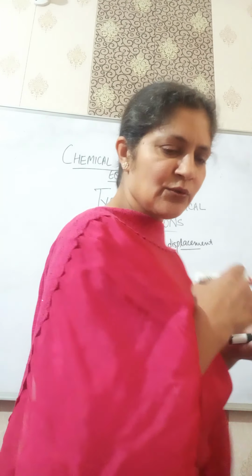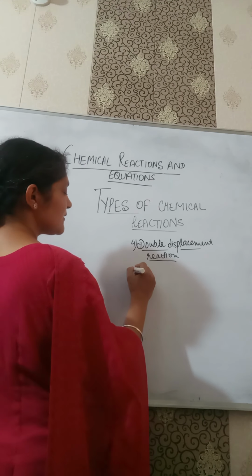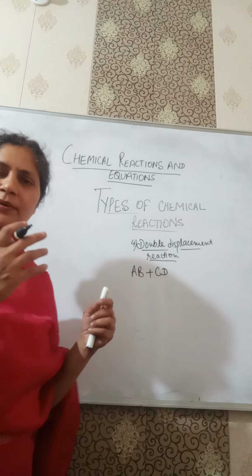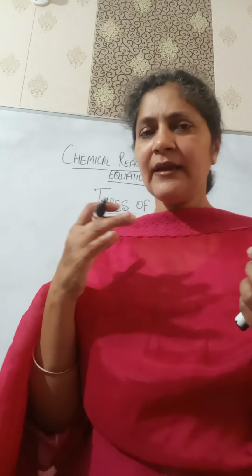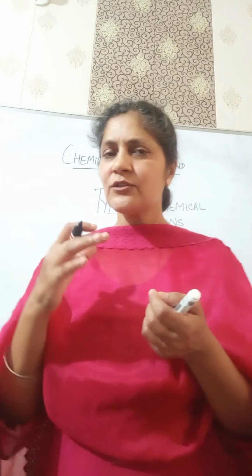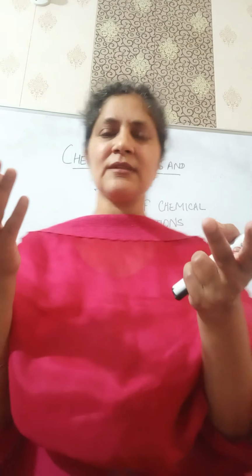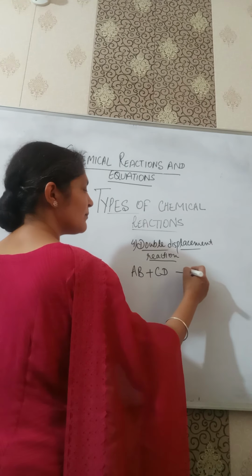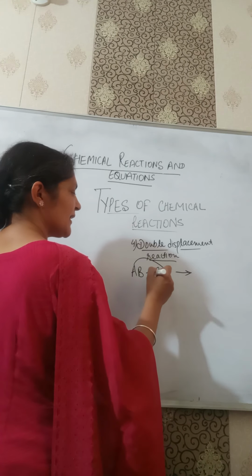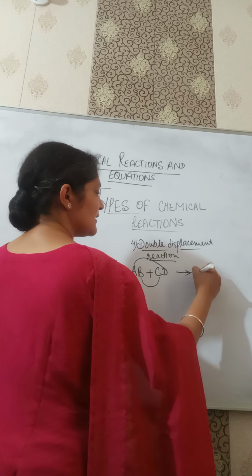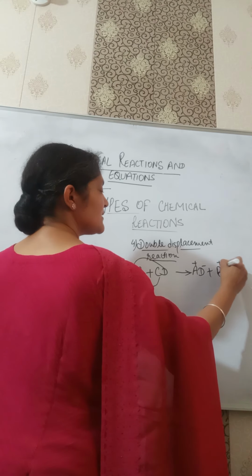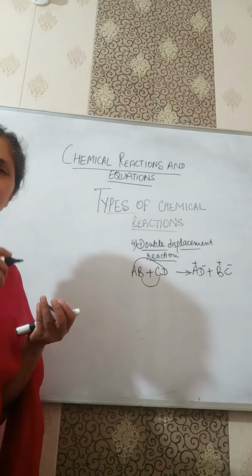In this reaction, two compounds react with each other and exchange their ions to form two new compounds, like this: A will combine with D and B with C. We will have AD and BC because they have exchanged their ions.